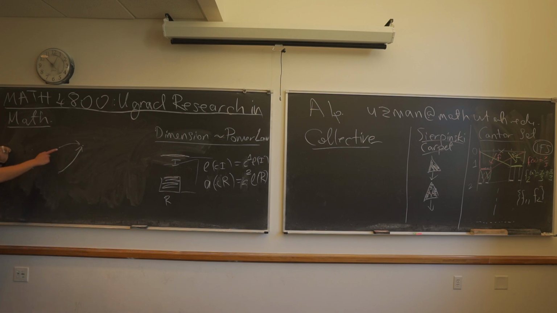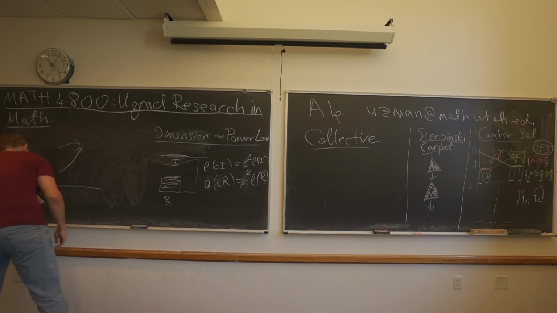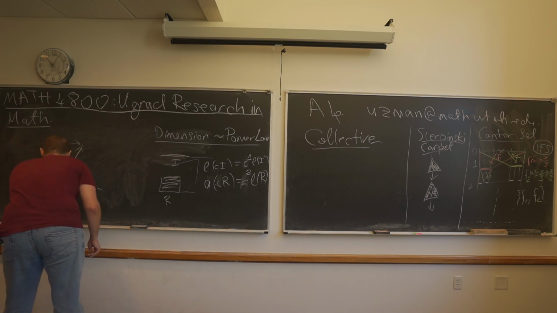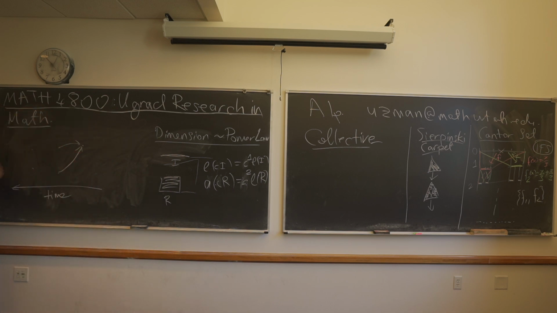By this I mean both of these citations cite this other guy. So this is time going backwards. So time goes this way, because you can only cite things that have been published most of the time. But of course, maybe this guy cites this, and let's say that this is Barnsley's book.